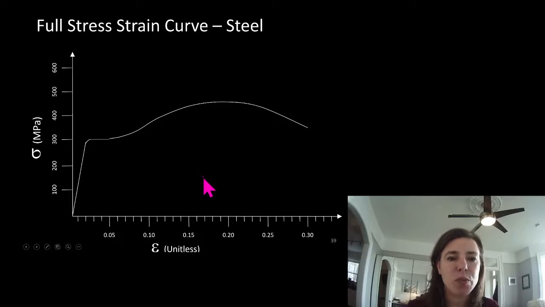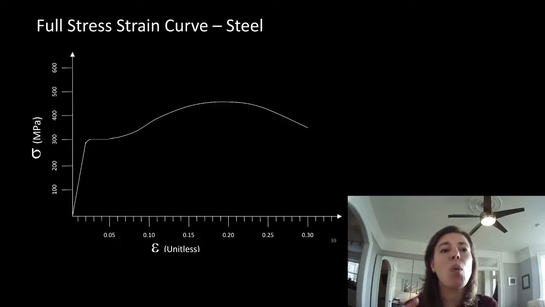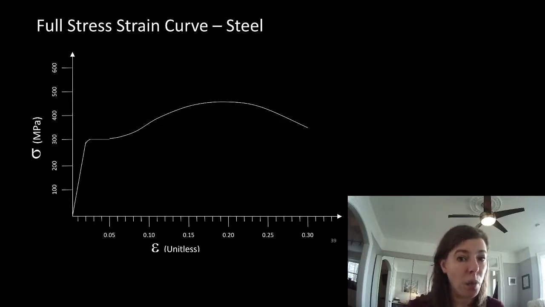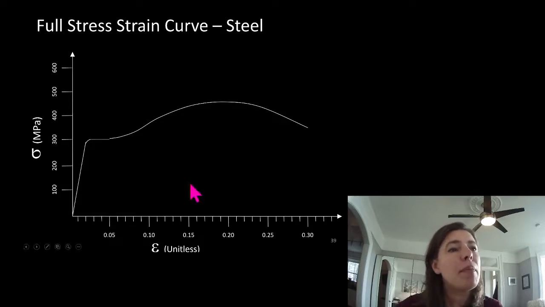Not all materials experience that. It's not something we're going to do a lot with in our course, but it is handy because it tells us what our ultimate stress is. Here's our yield stress, but look, the total stress we can actually take is a little bit higher, and that might be handy for certain things.